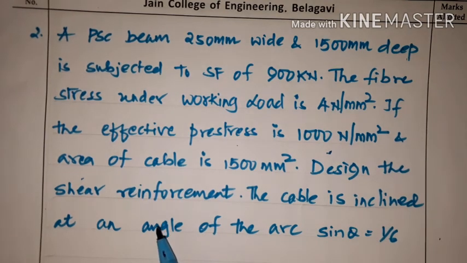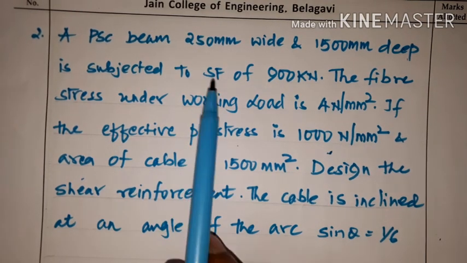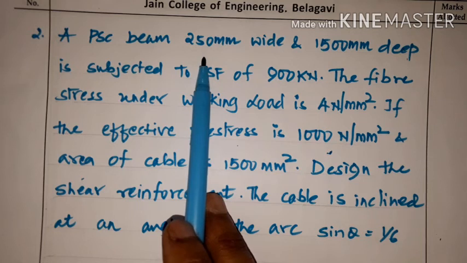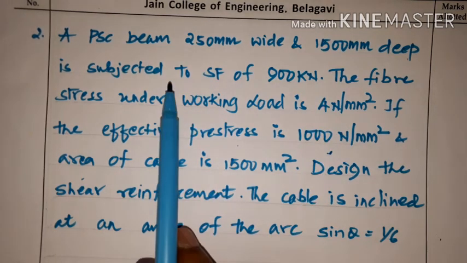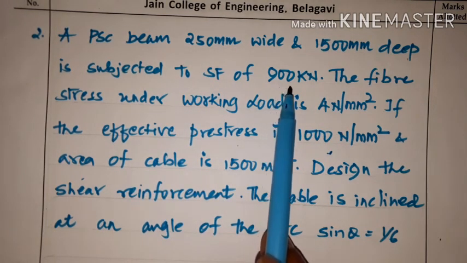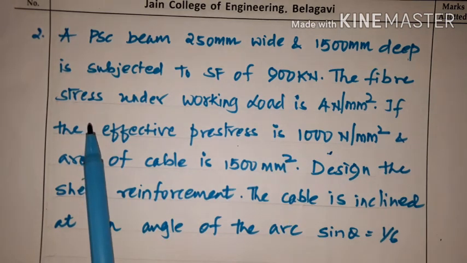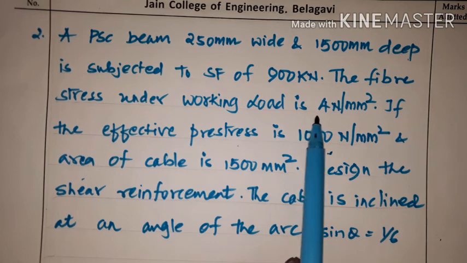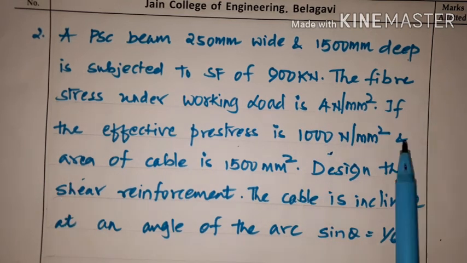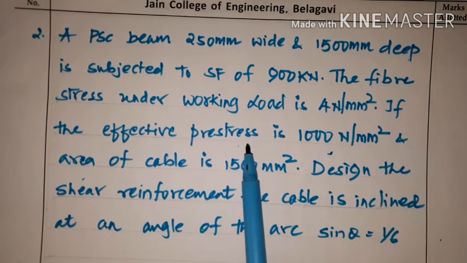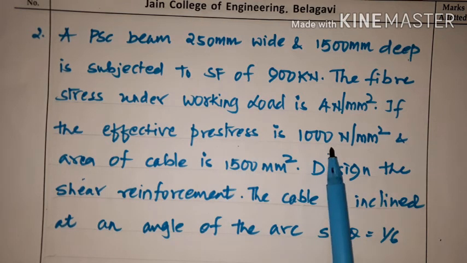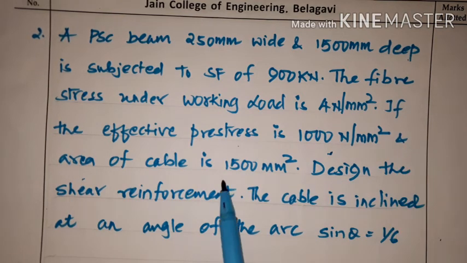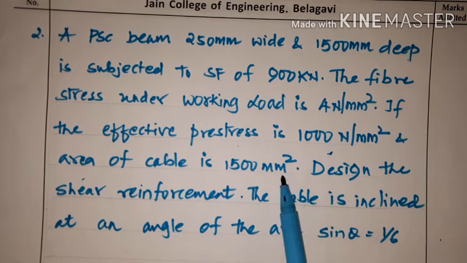Okay. So they were given a beam of cross section 250 mm by 500 mm and subjected to a shear force of 900 kilonewton, and the fiber stress under working load is 4 Newton per mm square. Then the effective pre-stress is given as 1000 Newton per mm square and the area of cable is 1500 mm square, you have to design the shear reinforcement.